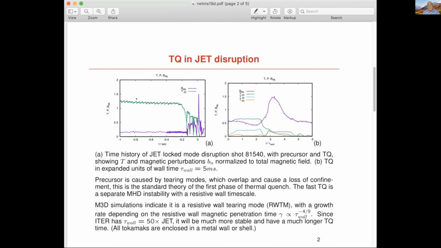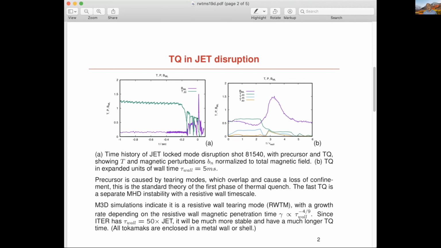So it stays constant for a while, then there's a relatively slow drop of the temperature and then a fast drop. Similarly with the magnetic field, there's an increase that coincides with this drop. These are magnetic perturbations associated with instability. And then there's this sudden spike.